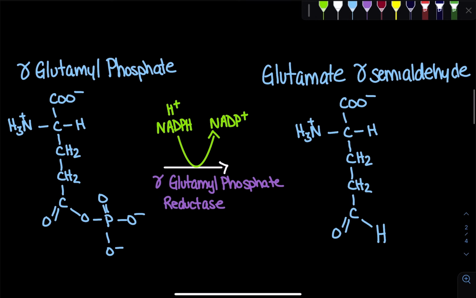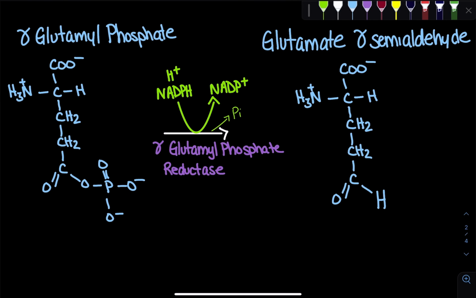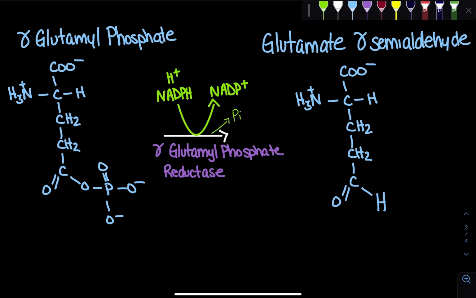Now this gamma-glutamyl phosphate is going to be reduced. So essentially, the phosphate that we just added is going to be lost, and we're going to yield an aldehyde. So we go from gamma-glutamyl phosphate to glutamate gamma semialdehyde. And in order to reduce the gamma-glutamyl phosphate, we use a reducing equivalent, which is NADPH.